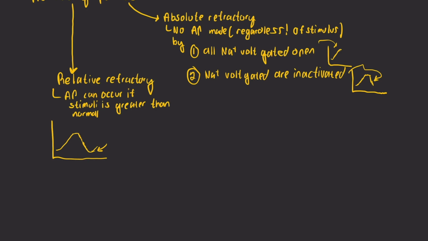So obviously you need that stimuli to be really great. Now, at least there could be an action potential here, unlike in the absolute, where no matter how strong the stimuli is, you just can't have one. But here, you can have an action potential. It's just that the stimuli has to be very strong and has to be way beyond normal.